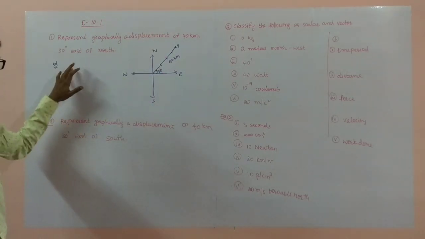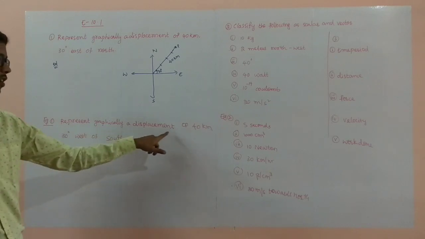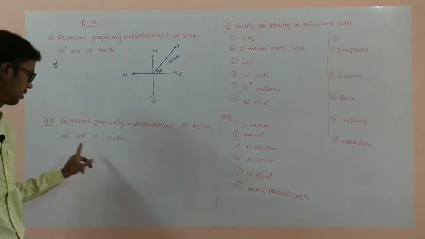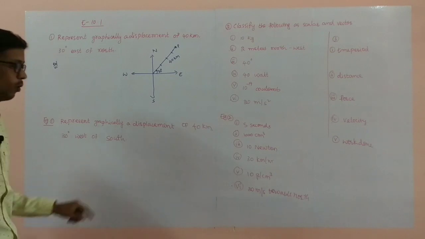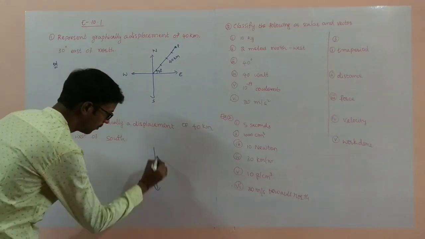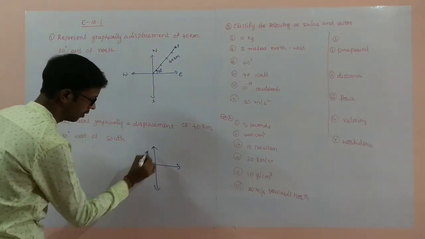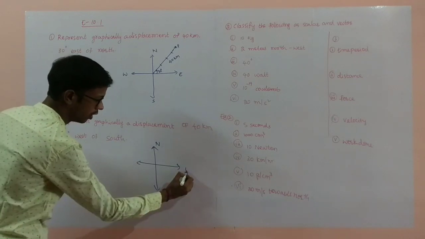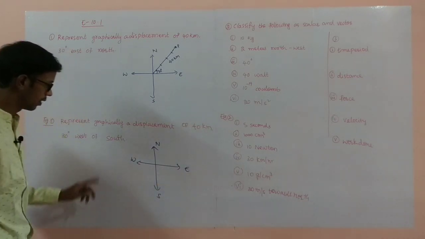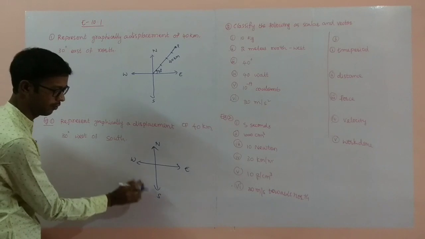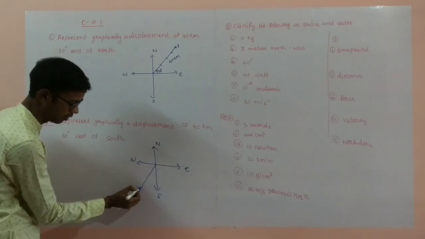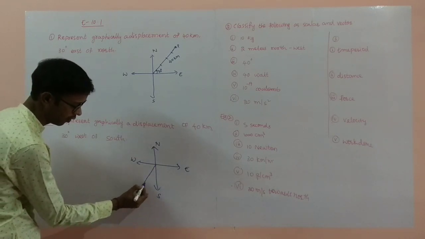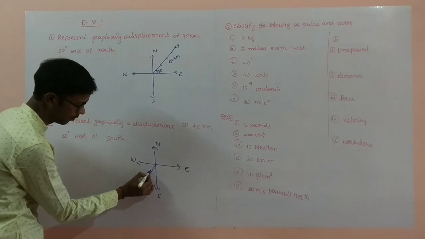Next, a similar problem. Represent graphically a displacement of 40 kilometers, 30 degrees west of south. How will we draw west of south? Same as before: north, south, east, west. West of south, 40 kilometers. At that point P you take 1, 2, 3, 4.